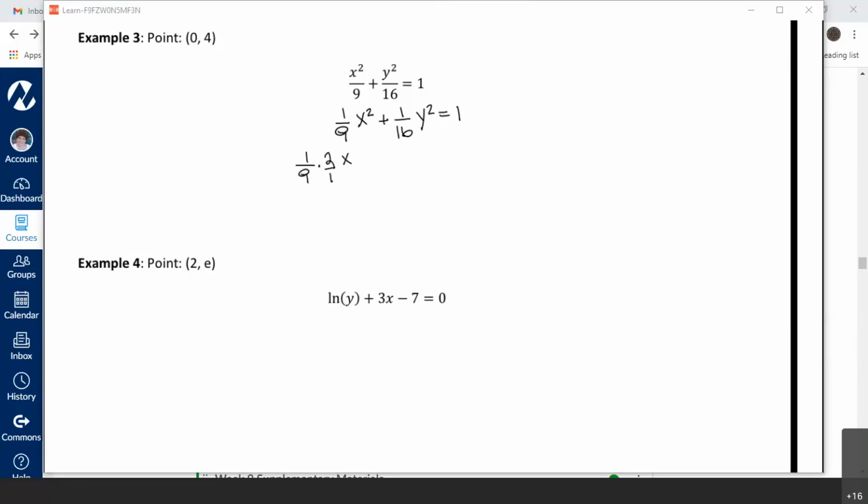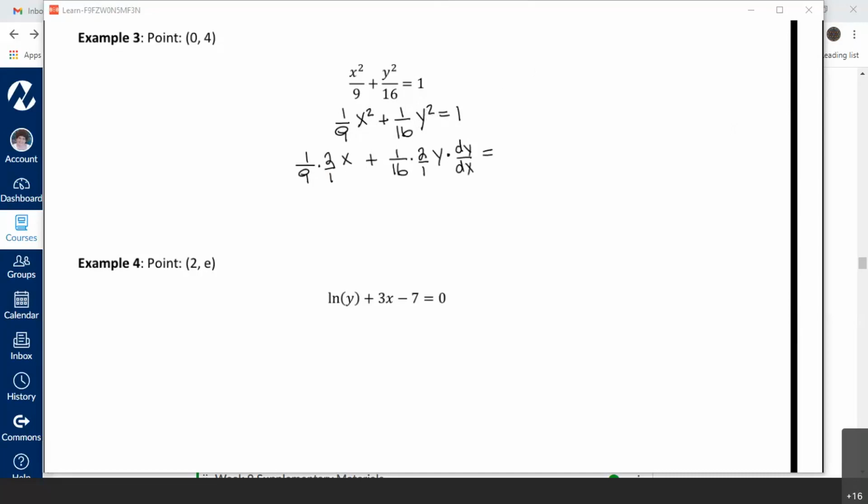I want to make sure everybody's comfortable with the whole fraction business. Then I'm going to do the same thing with the y term. The only difference is y is now a composite function, a function of x, so I'm going to use the chain rule on it. First I differentiate y, and then I multiply that by the derivative of the inside function, which is dy dx.